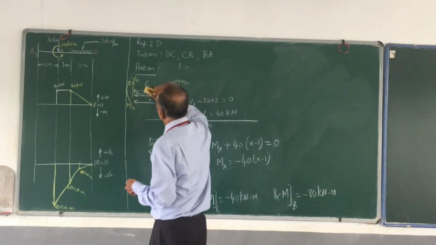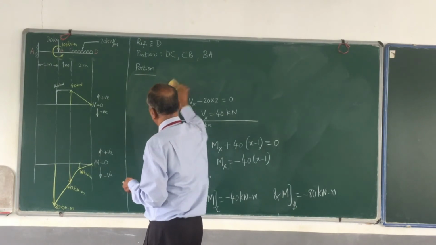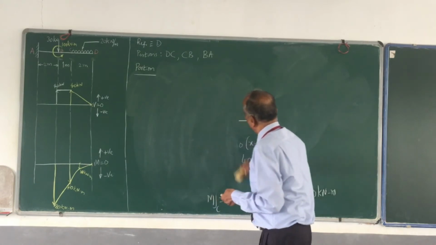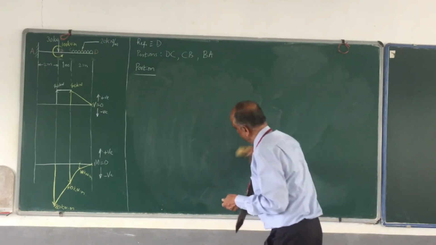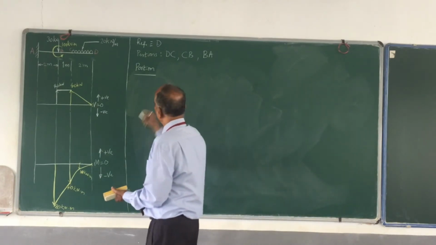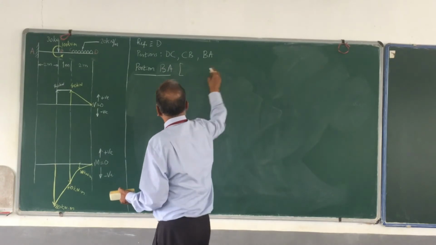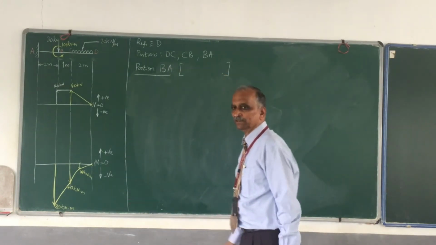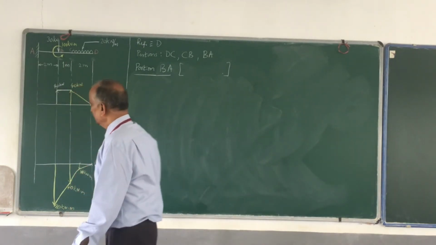Now you are left with the last portion. What is that? The portion is BA, between B and A. I shall write down the range of x here inside bracket. Between B and A you take a section.